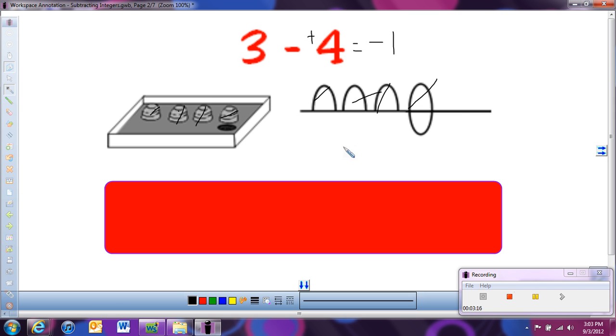Just like on the last problem, we can also think about this problem as adding something on. So we could add on 3 hills over here, and that would have canceled all those out, and we would have been left with that 1 hole over there. So instead of taking away, it's like we're adding the opposite.